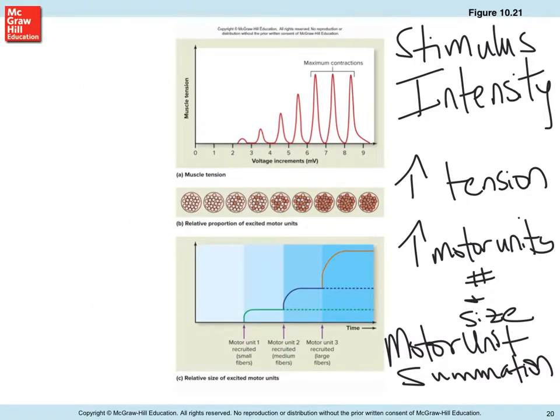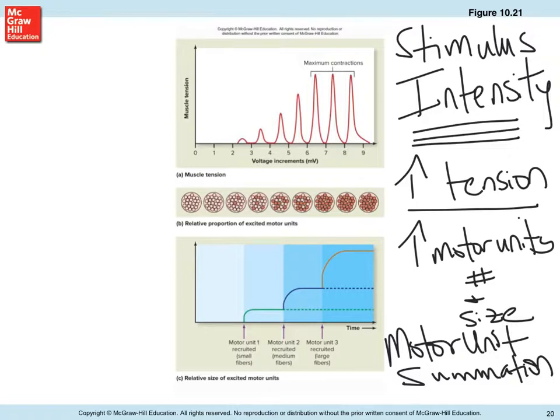With the muscle tension, you can look at changes in stimulus intensity as well as stimulus frequency. And here we're looking at intensity. So if you have a continuous increase in the strength, the size of the stimulus, if you increase the intensity, then you see an increase in tension.